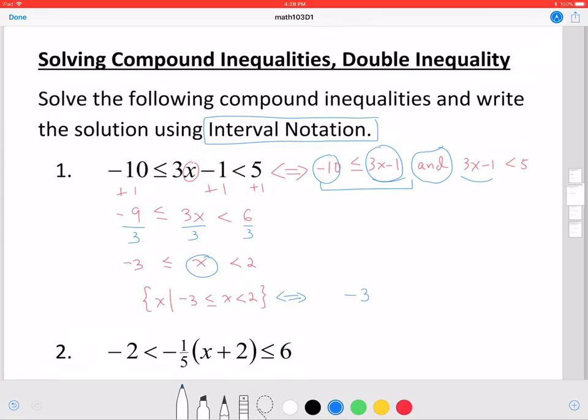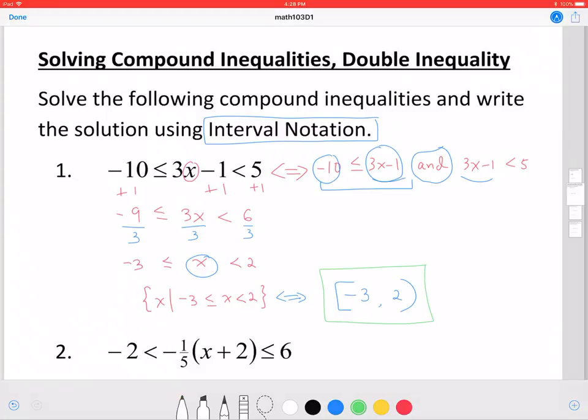It starts at -3 and ends at 2. The beginning and end are separated by a comma. And special symbols for the inequality: here we are including -3, so we use a bracket. We call that a closed endpoint. 2 is not included, so we use a parenthesis. These two are identical, and in my classes, I'm asking you to write your answer in this form.